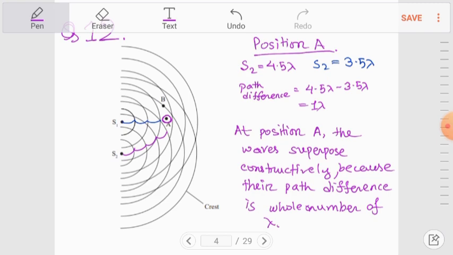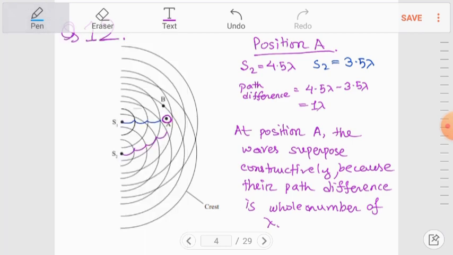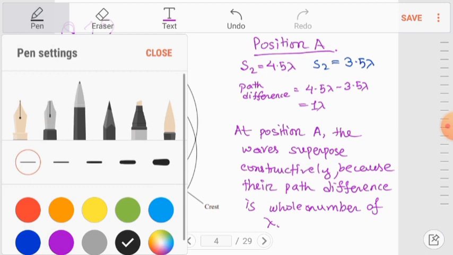Now we have to do the exact explanation for position B. So I'm going to use different inks for position B. Let us first find the distance of position B from source 2. This is 1 wavelength, 2, 3, 4, and exactly at 5 wavelengths. Position B is 5 wavelengths from source 2, and we have to do this for source 1.